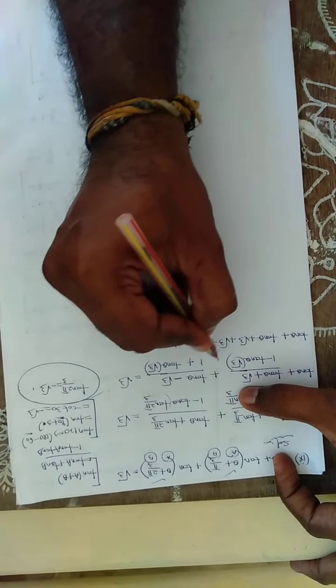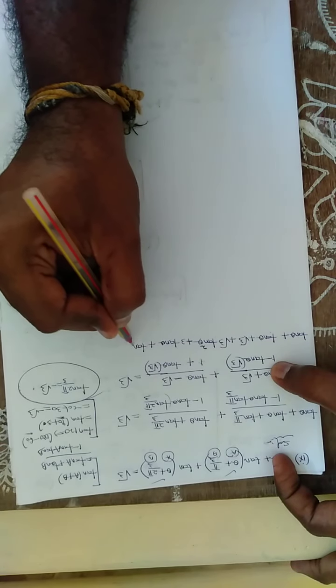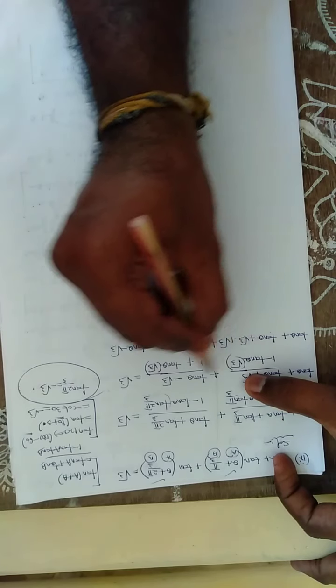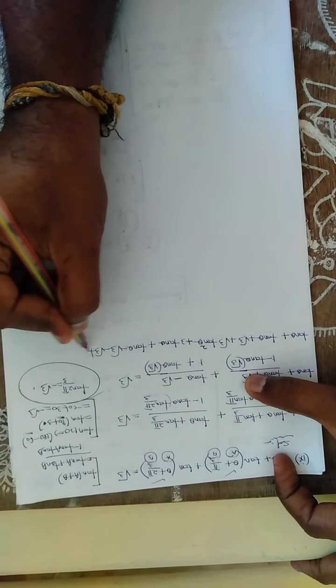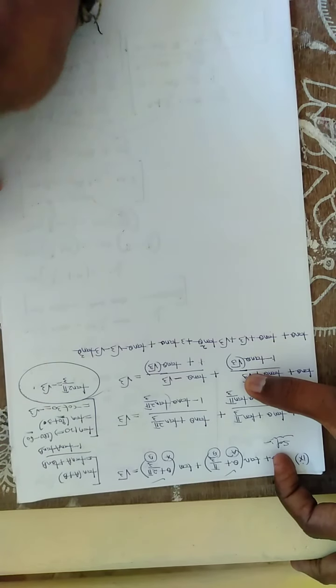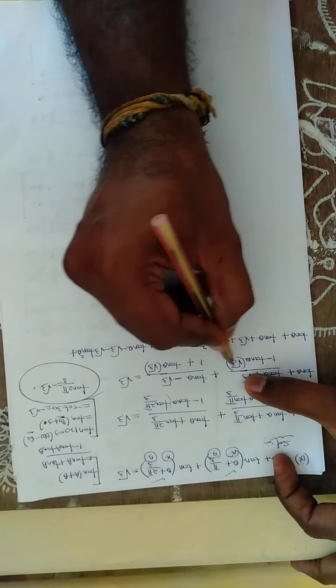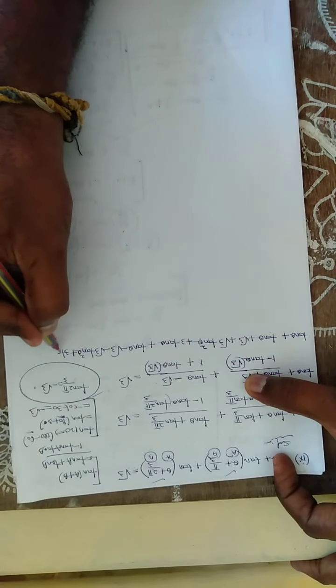Now this one we cross multiply: plus 1 into tan θ, and 1 into √3 is minus √3. Next, tan θ into tan² θ gives minus √3 tan² θ, and minus into minus gives plus √3 into √3, which is 3 tan θ.